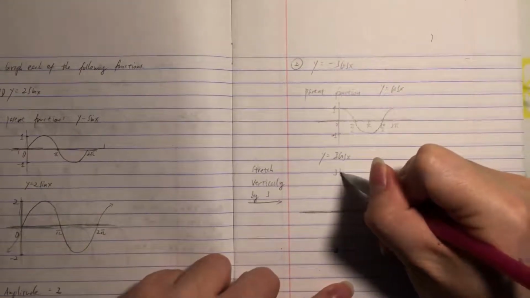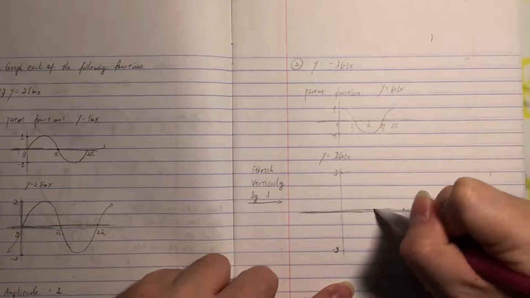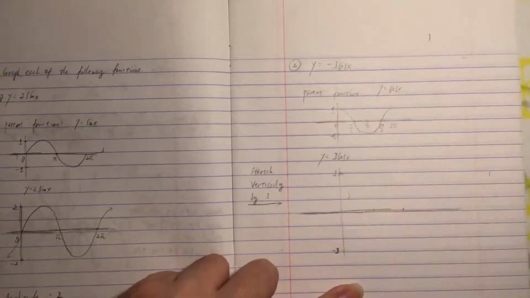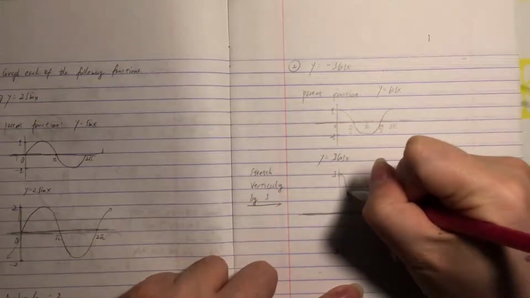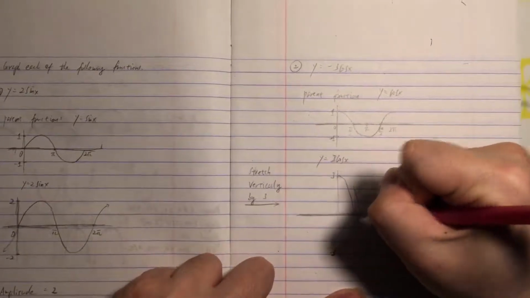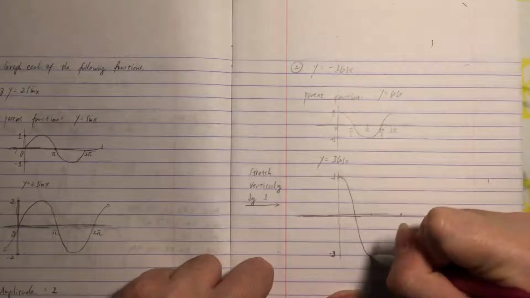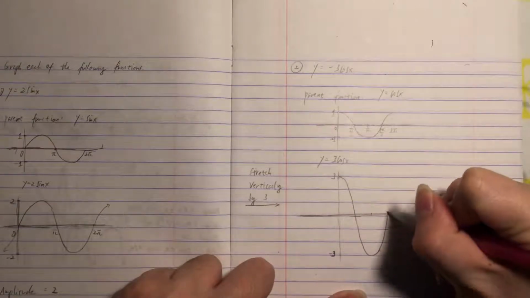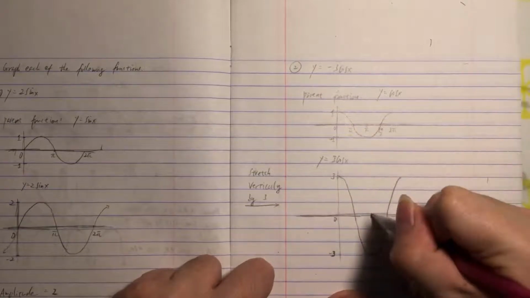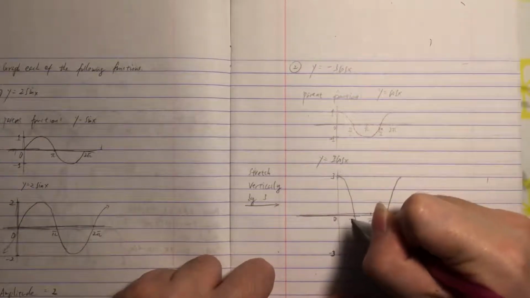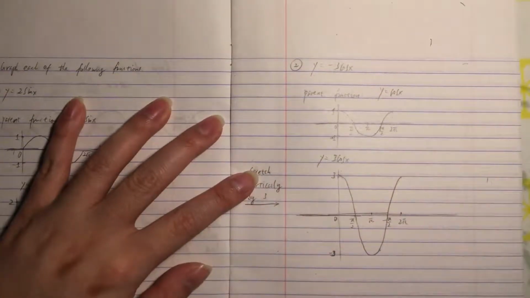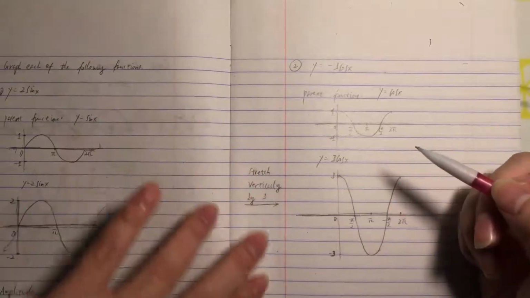The rest stays the same. That's the graph of y equal to 3 cosine x.